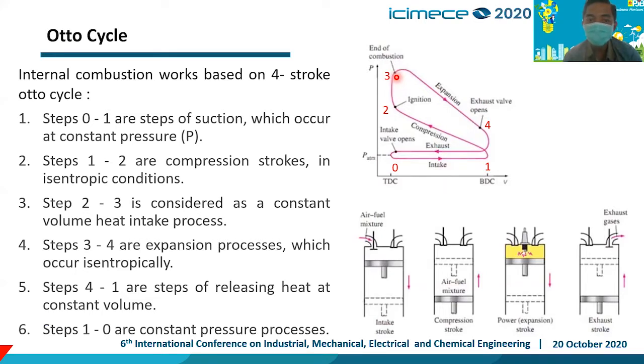And then the fourth, step 3 to 4, is the expansion process, which occurs isentropically. And then step 4 to 1 is the step of releasing heat at constant volume. And then the last, step 1 to 0, is a constant pressure process.